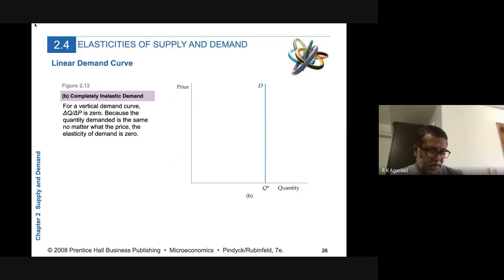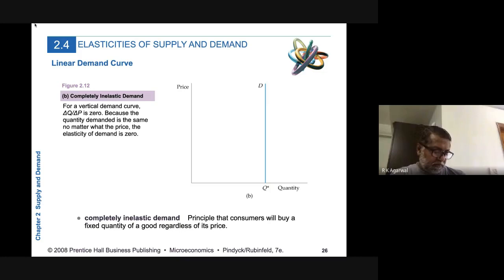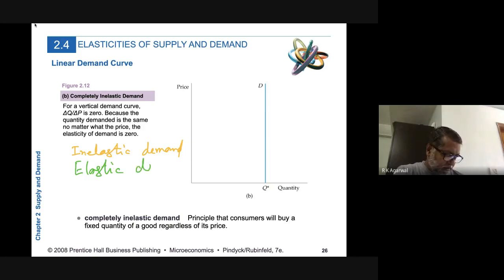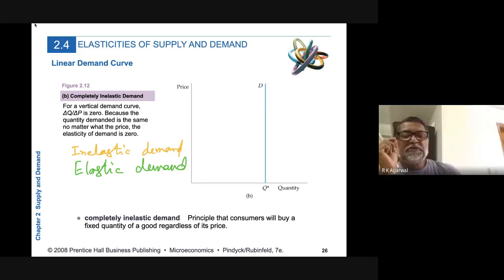Okay. Now, another thing about this that we can say is a completely inelastic demand curve. So here, you should note the lingo of the elasticity concept. What we are saying is inelastic demand. And we are also saying elastic demand. So suppose you read in a newspaper that demand for something is elastic.